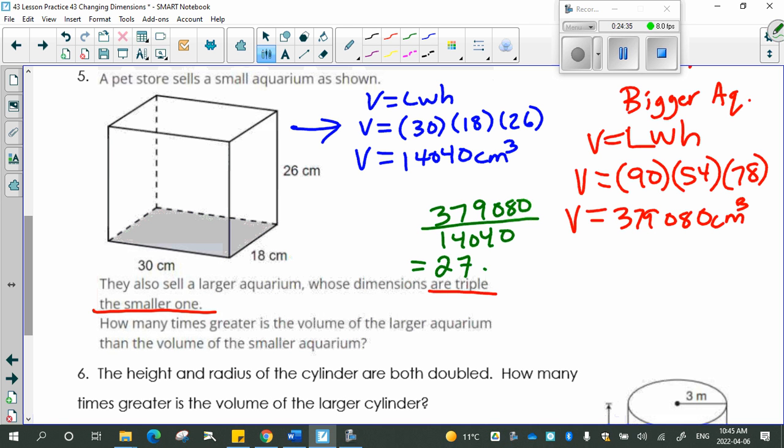Nice, good job. Anyone can tell me why it's 27? Right, I multiplied each dimension by 3, so basically I multiplied this by 3, this by 3, and this by 3, and 3 times 3 times 3 is 27.